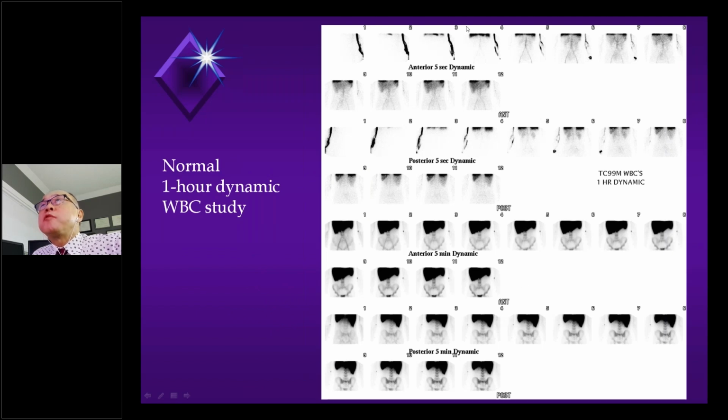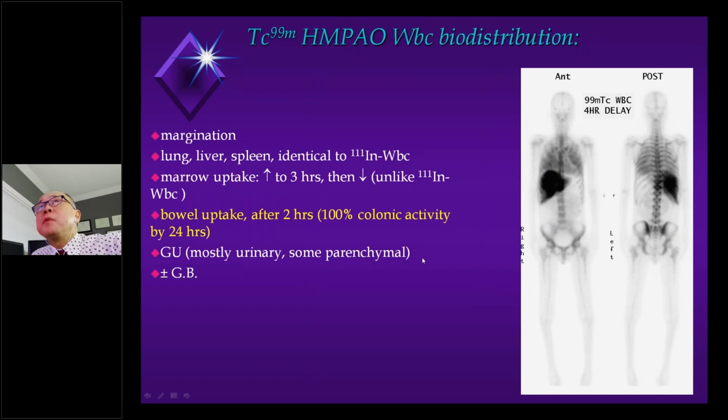If we perform a 1 hour dynamic imaging study, we're basically looking to ensure that we don't see any early appearance of bowel activity, which for technetium white cell is pathologic. The normal technetium HMPAO white cell distribution at 4 hours is shown here. This is the typical appearance.